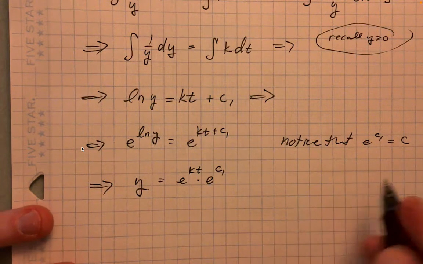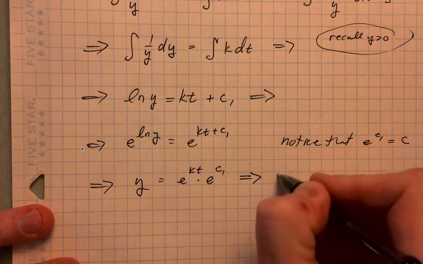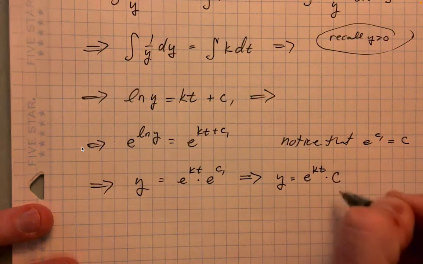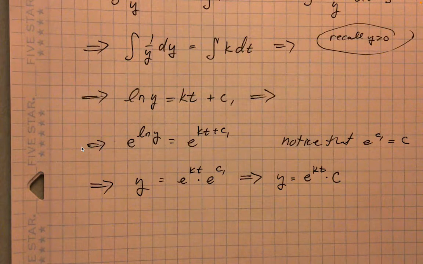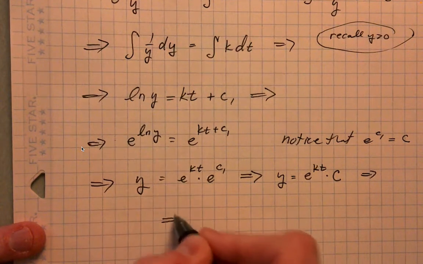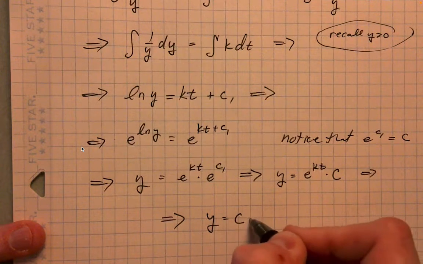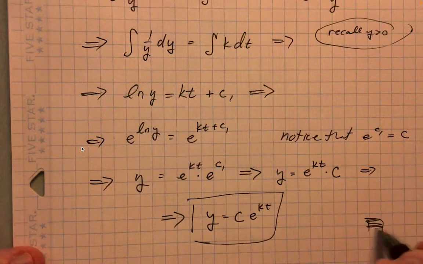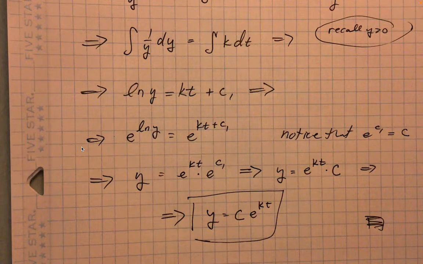Okay, and so that means this here is y equals e to the kt times the constant, whatever e raised to c1 is. And then a slightly better way to write this might be y equals c times e to the kt, right? And that's sort of what we were driving towards. That's the general solution that we laid out in the theorem.